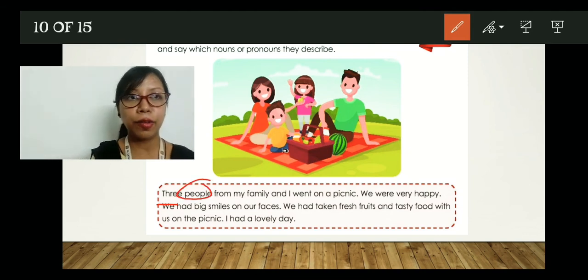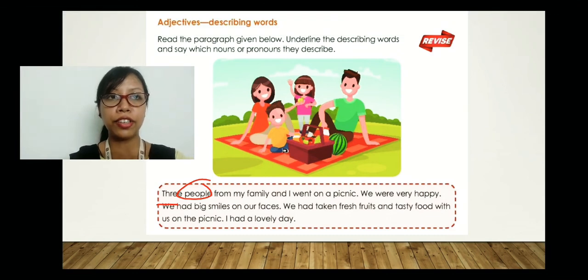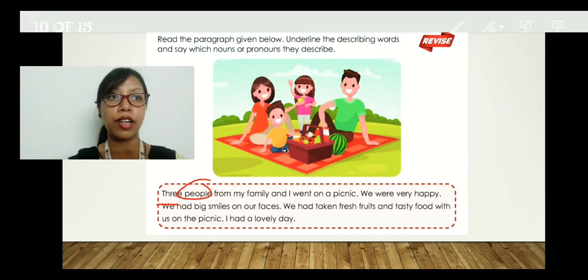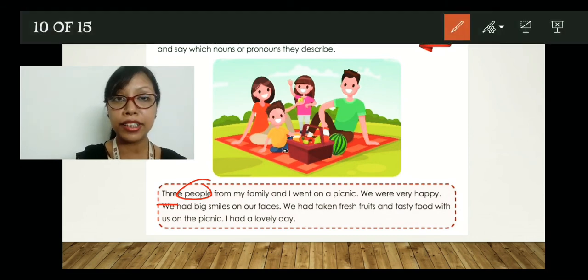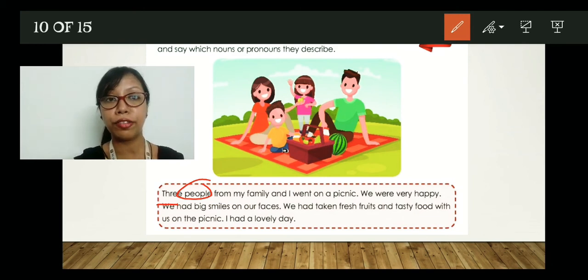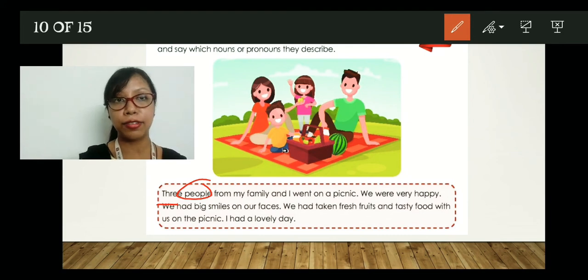Clear? So what you have to do is underline the 3 and then say which noun or pronoun they describe. So which is the noun? People is the noun. Okay, so you have to circle the people, which is the describing word.